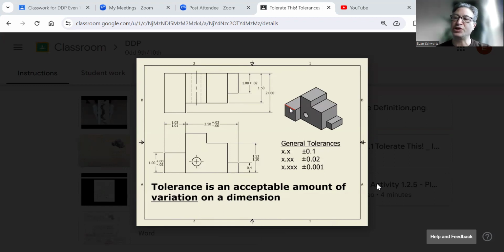When we send it to the machine to be made, when it is actually made, it is highly improbable that the actual cube is going to be exactly 1 inch by 1 inch by 1 inch. It could be smaller or larger by a tenth, a hundredth, a thousandth, or even more than that. The reason for this is both machine and human error.